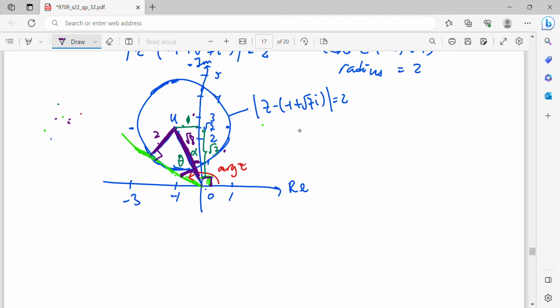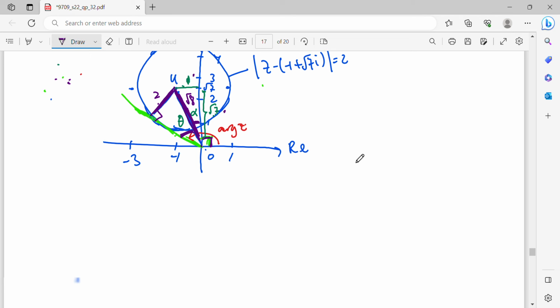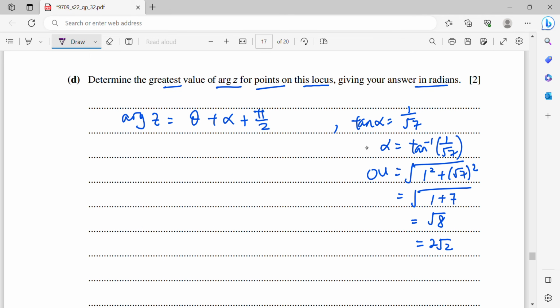So opposite and hypotenuse, it should be sine. So I will get sine theta equals opposite 2 over hypotenuse 2 root 2. That means I'm getting 1 over square root 2. So now my theta is basically inverse sine 1 over square root 2, which is pi over 4.